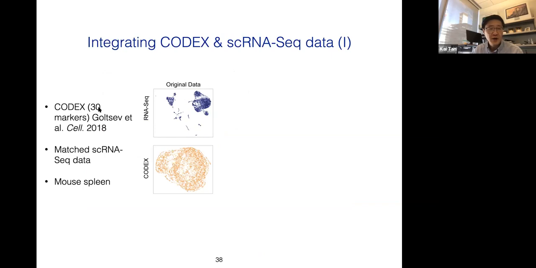Here they profiled 30 protein markers for mouse spleen. And there is also matched single-cell RNA-seq data. So first of all, if you look at the original data without integration, you can clearly see clusters in the single-cell RNA-seq data. But it is not that clear for the CODEX protein expression data, probably due to the much smaller number of features in the CODEX data.